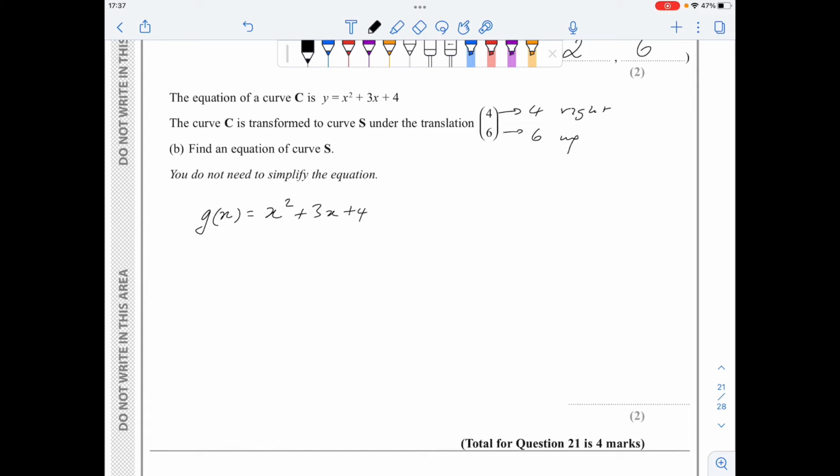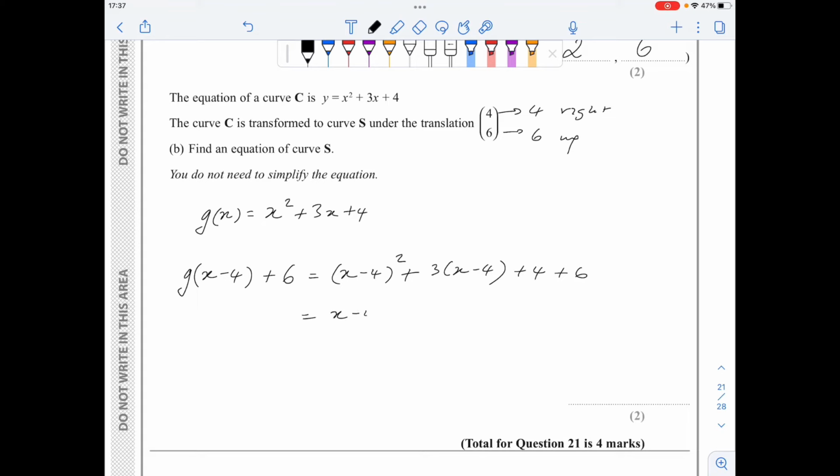So what I'm looking at here is g of (x minus 4), that's 4 units to the right, and then plus 6. So let's apply this. I've got now (x minus 4) squared plus 3(x minus 4) plus 4, and then I will add a 6 at the end. And it says you do not need to simplify this equation.